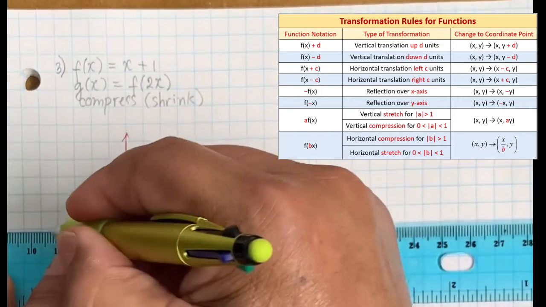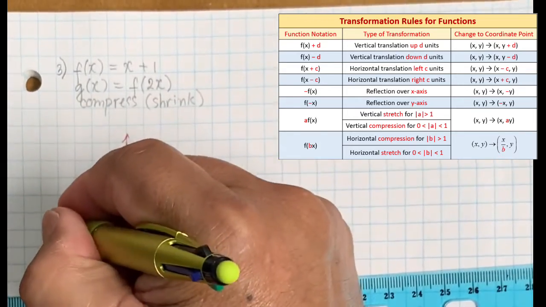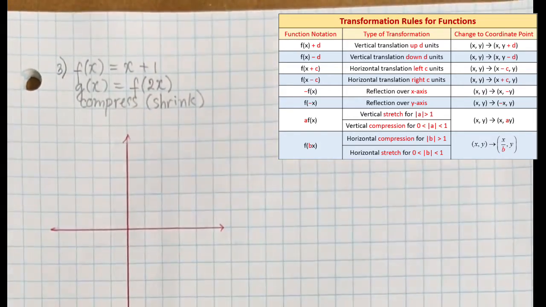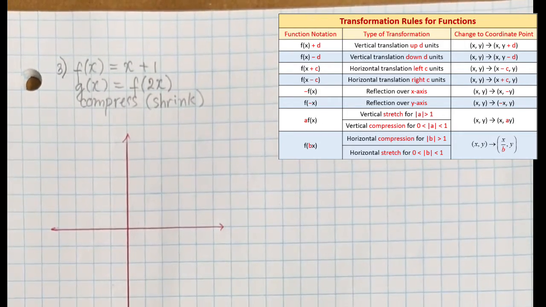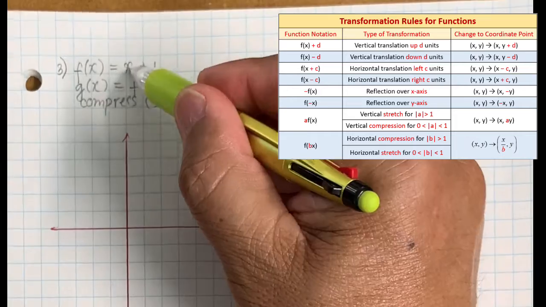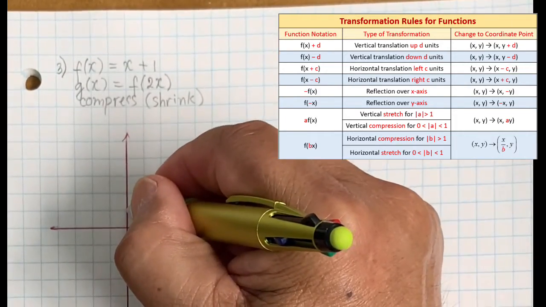All right. And here's my x-axis, okay? Again, when x is 0, then f of 0 is going to be 1, so right here.